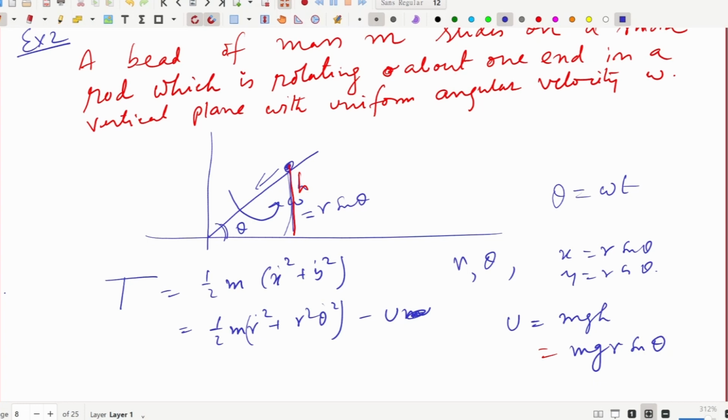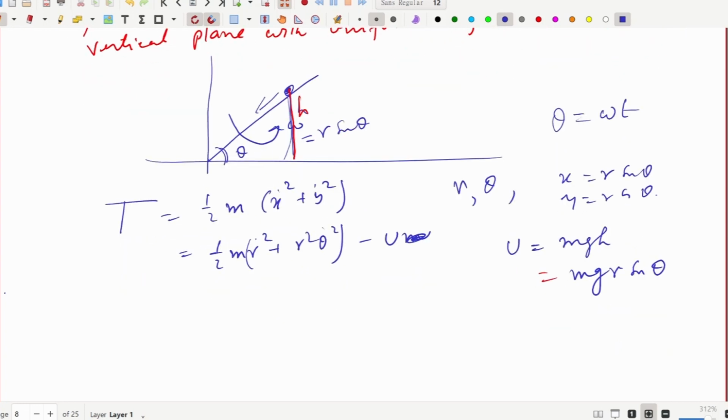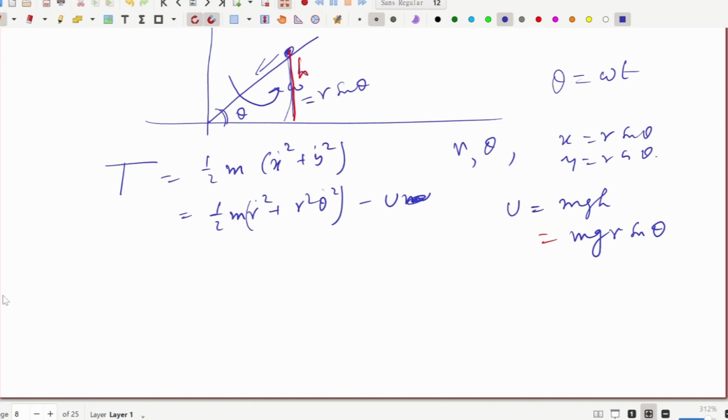So, the Lagrangian for this system will be L equals T minus U, which can be written as half m (r dot square plus r square theta dot square) minus mg r sin theta.